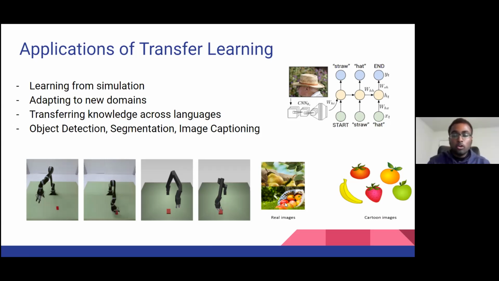Instead of training the model on the small dataset, that is real images, it might overfit and might not be able to generalize well.